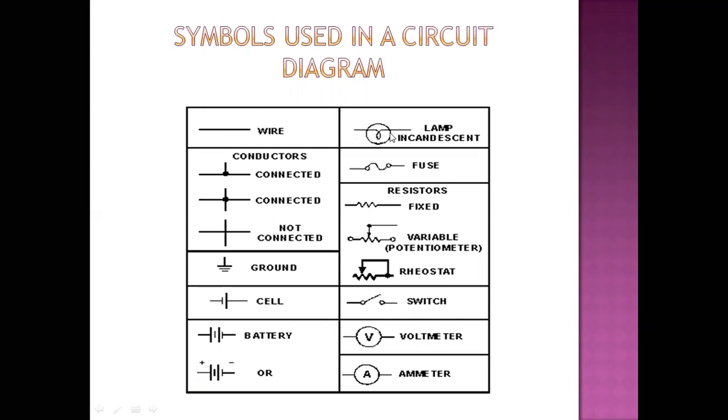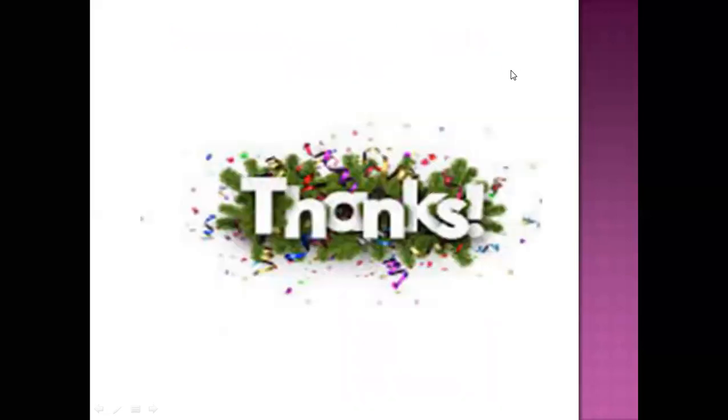This is a lamp or a bulb. Again, this is the symbol of a fuse, resistor, variable resistance. This is a rheostat. Just keep remembering these symbols; we will use them later in this chapter. This is a switch, voltmeter and ammeter. All these symbols will be helpful when we study circuit diagrams.